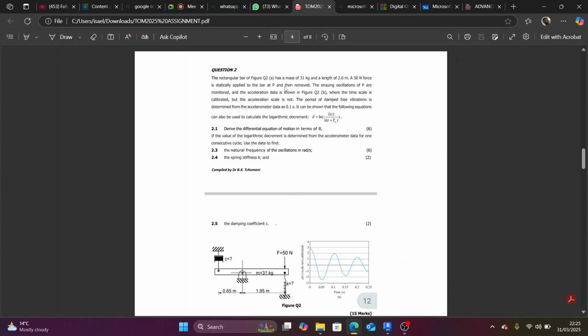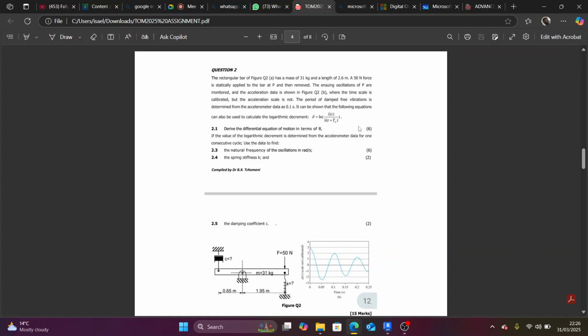And then the force is removed. The initial oscillations of P are monitored, and the acceleration data are shown against a time scale. I can't read what I see, but you can read. They say the period of the damped free vibration.